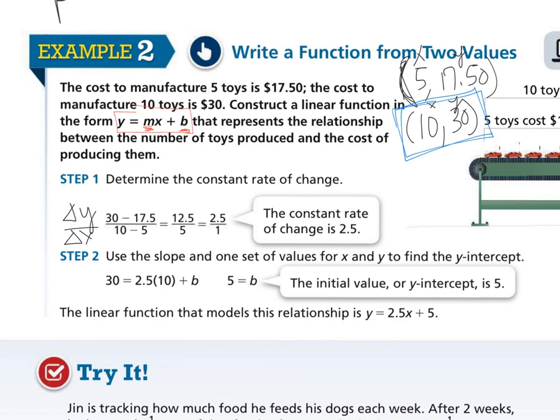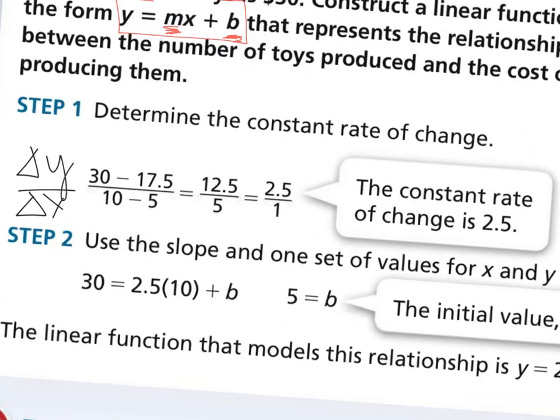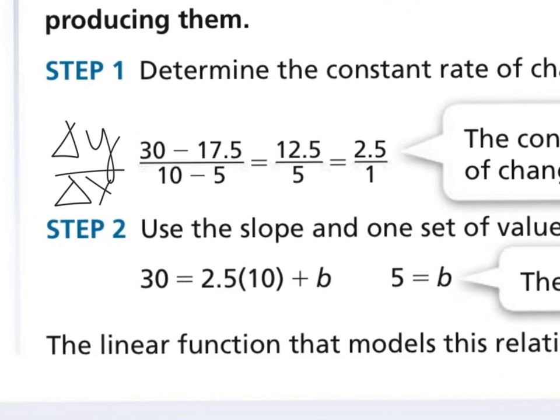So for the x's then, they did 10 minus 5. So they got 12.5 over 5, divided out is 2.5 over 1, which is the same as just 2.5. If you guys had calculators, you would just divide that and get 2.5 there. Okay, so that is our slope.